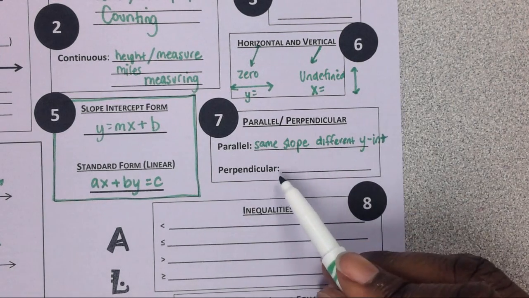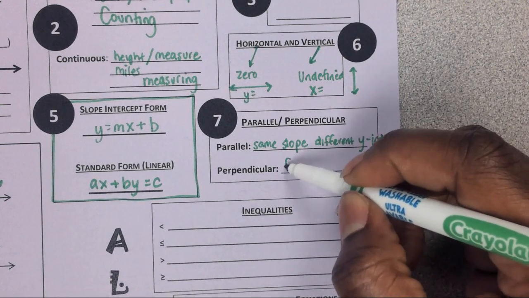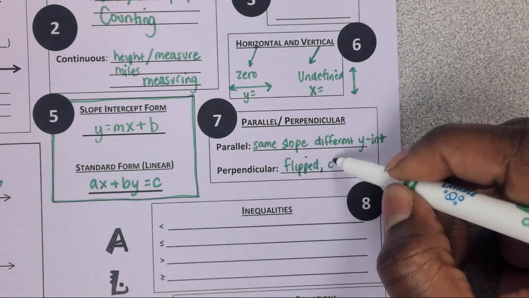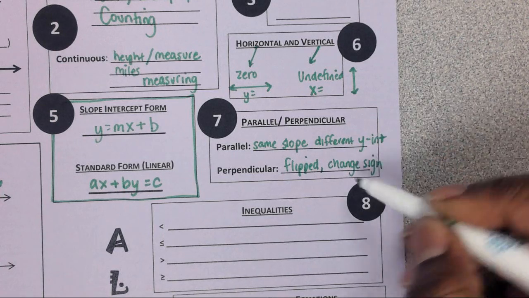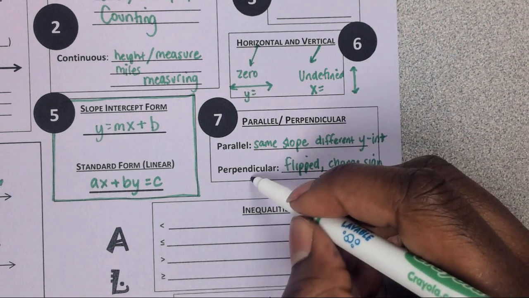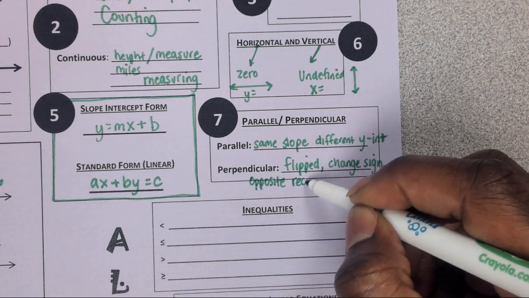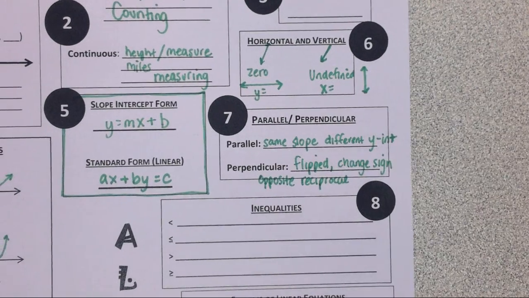However, I want to know about the slopes. Flipped, which means the fraction is flipped, and you have to change the sign. The more mathematical way of saying that one is opposite reciprocal. It just means flipped and change the sign.